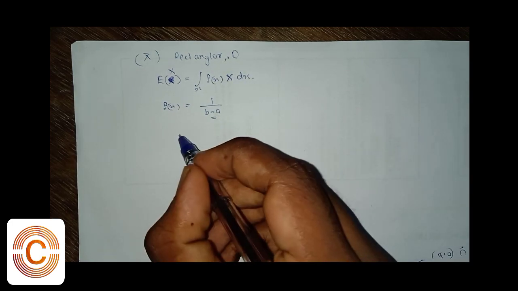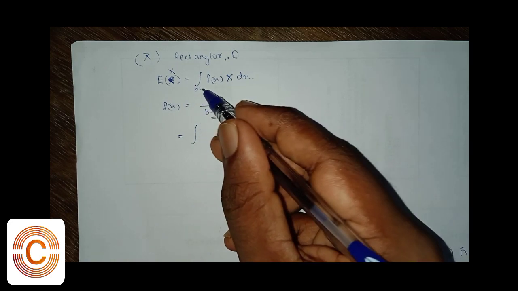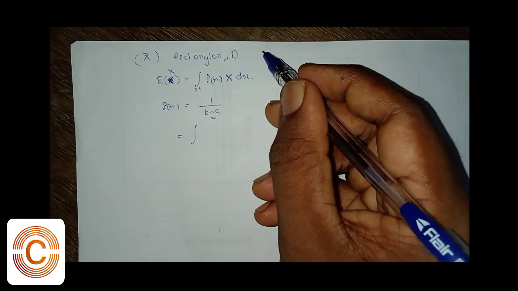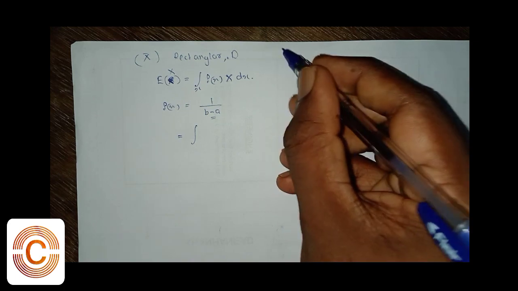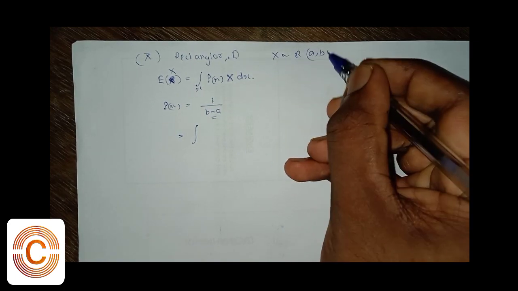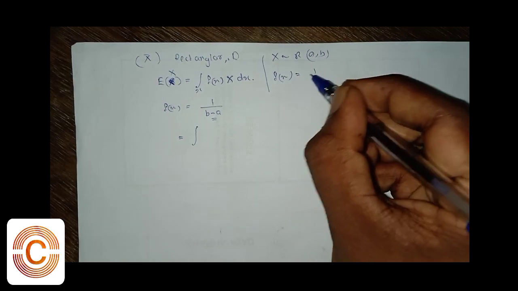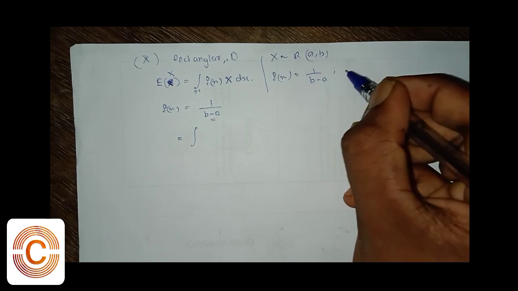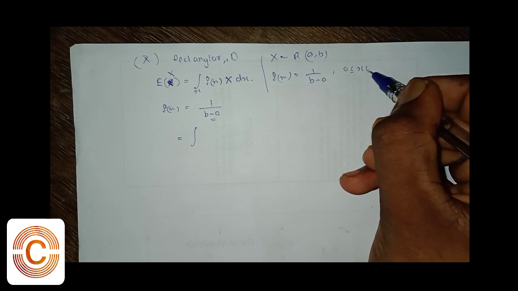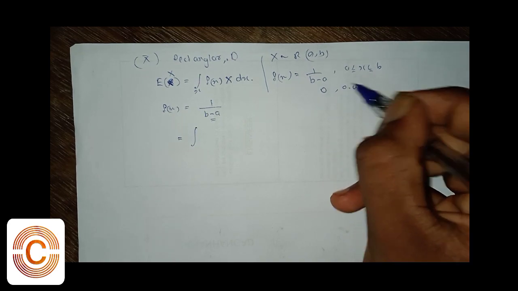It means that here the integral limits are a to b. The rectangular distribution is defined as x follows R of a comma b, and its f of x, that is its PDF, is defined as 1 divided by b minus a, where a is less than or equal to x less than or equal to b, and 0 otherwise.